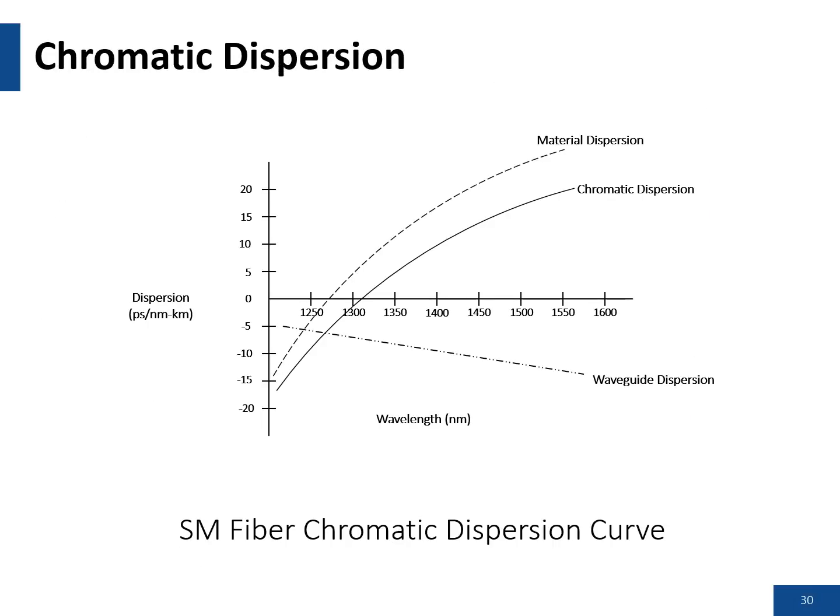With regard to bandwidth capability, what you're seeing here is a curve showing that the optimized point for the lowest chromatic dispersion, or the greatest capability of carrying bandwidth, is at the 1310 window. The zero dispersion point for chromatic dispersion in single mode fiber is typically around 1305 nanometers.